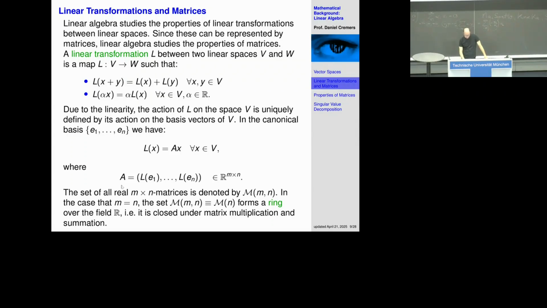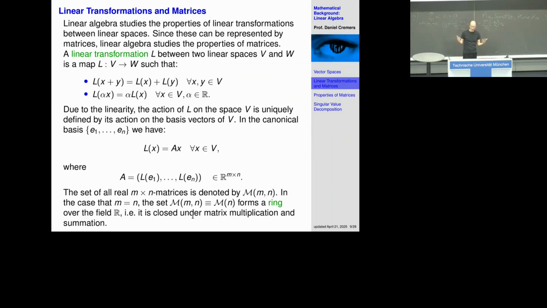The set of all real M by N matrices, we write it as this cursive M of M and N. And if M equals N, so we have square matrices, then you can compactly write M of N for the N by N square matrices, and they form a ring. That basically means that you have a multiplication.